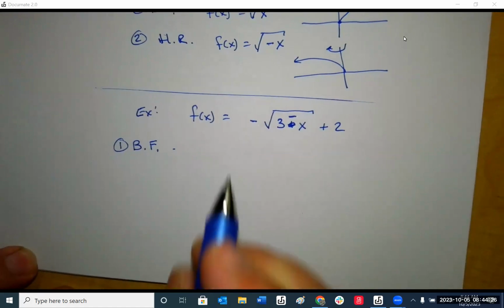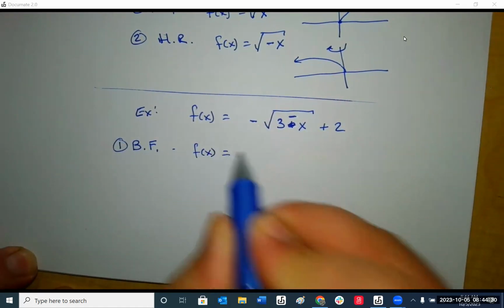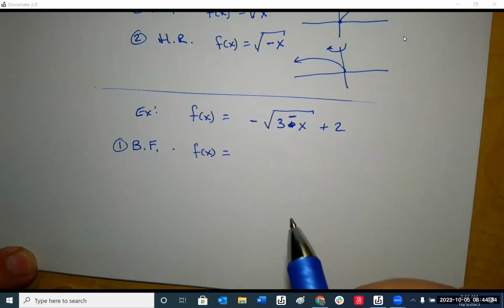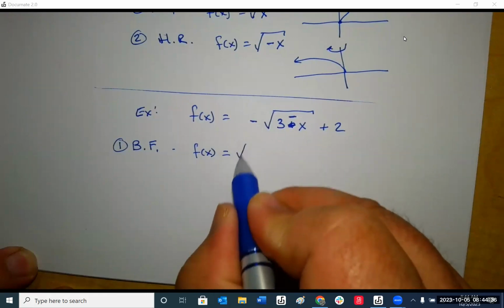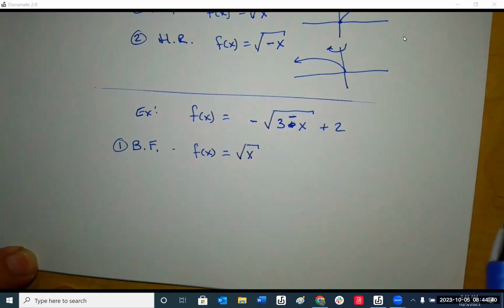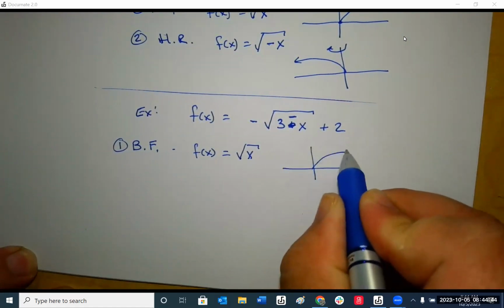What's the basic function here? And that looks like this.